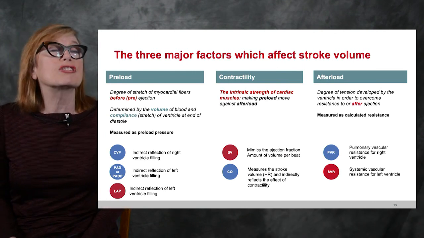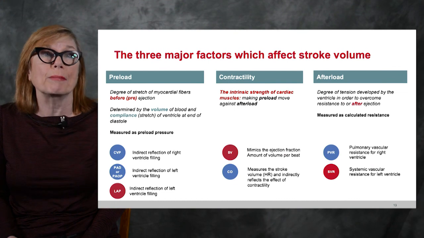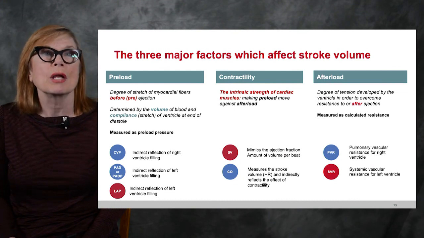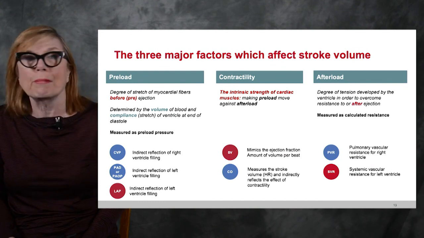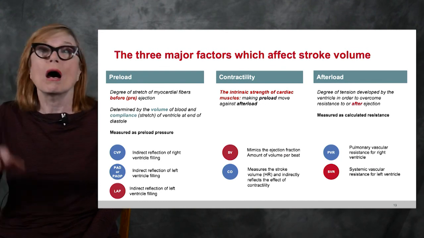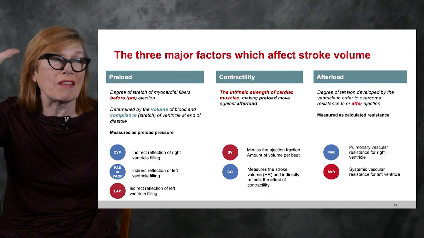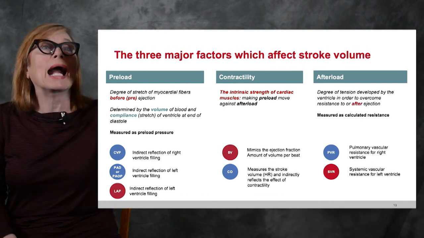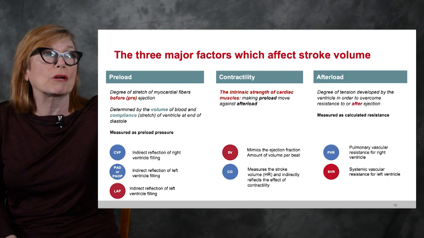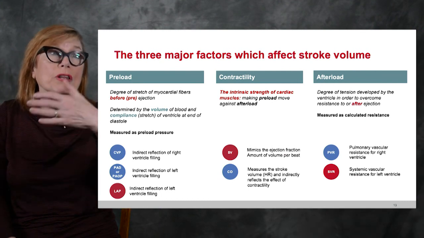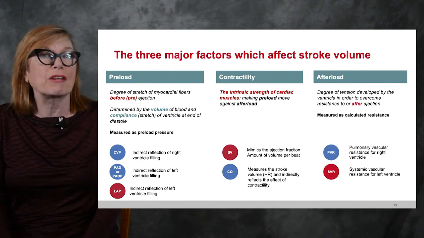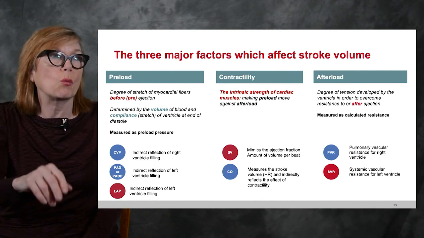Afterload is the amount of tension that the ventricle must develop in order to overcome the resistance after ejection. What we typically do at the bedside is a calculation of the mean pressure leaving the ventricle, the mean arterial pressure or the mean PA pressure, minus the filling pressure at the end of the ventricle. So for the left ventricle, mean arterial minus CVP, and for the right ventricle, mean PA minus wedge.